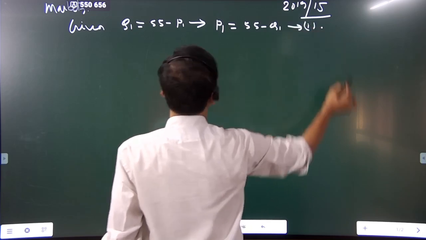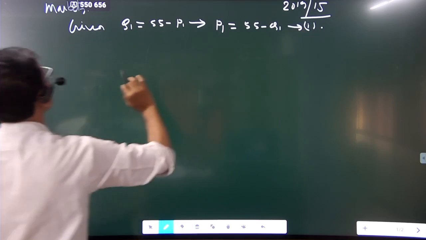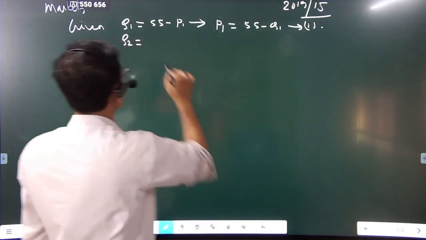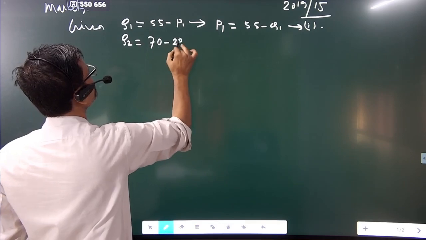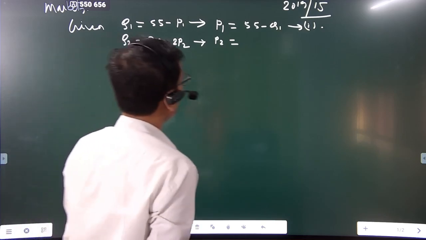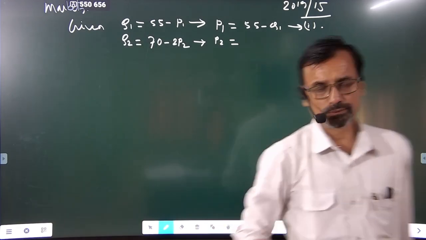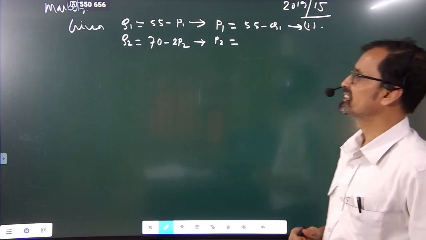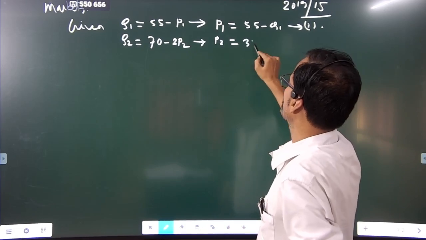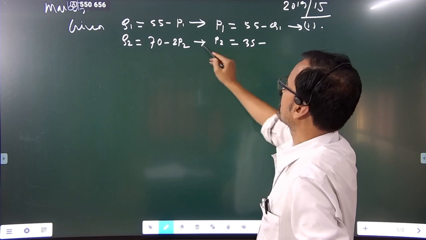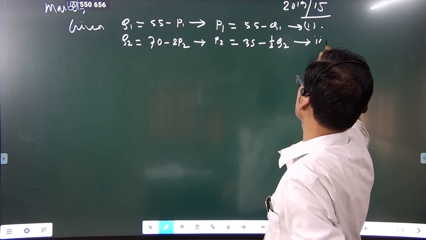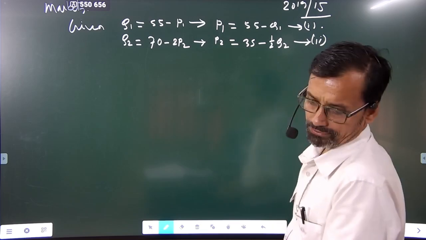This is number 1. Similarly, Q2 is equal to 70 minus 2P2, so we need to find the value of P2. That is, we must convert the demand function in terms of P2. So P2 is 35 minus half of Q2. This will be the second demand function.